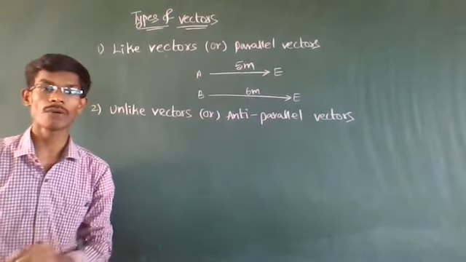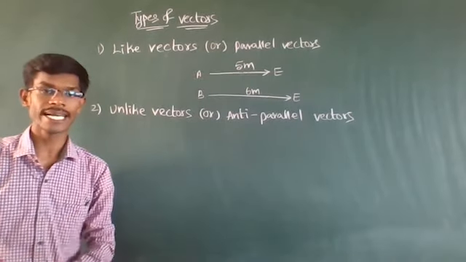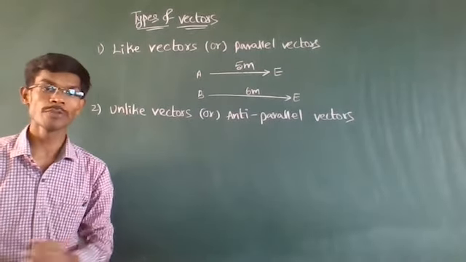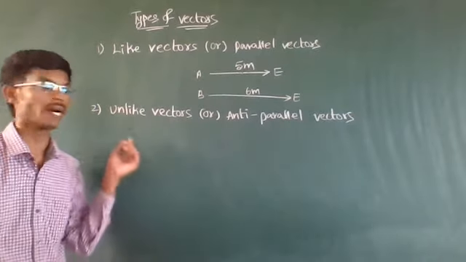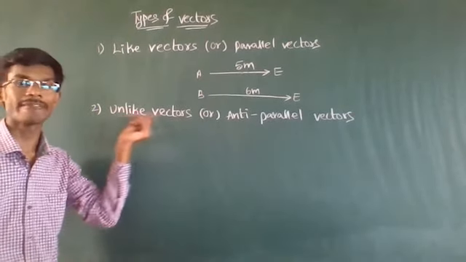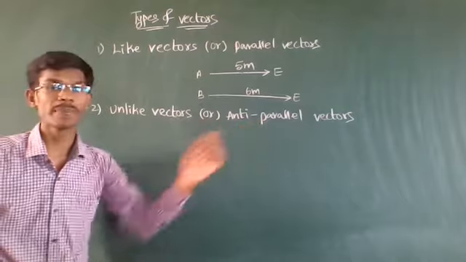The physical quantities which differ in direction and magnitude may be different, those physical quantities we will consider as unlike vectors or anti-parallel vectors.